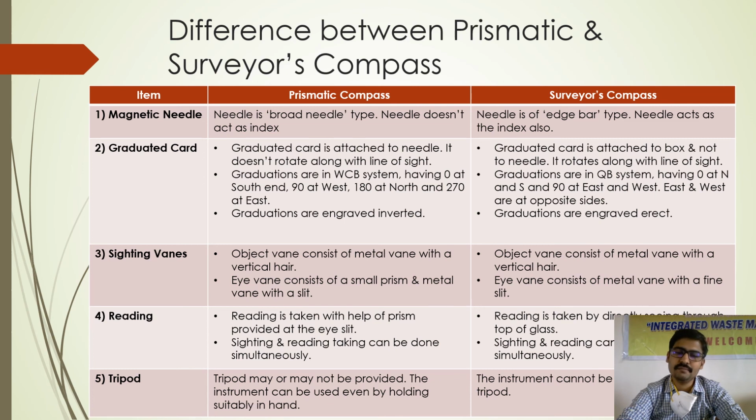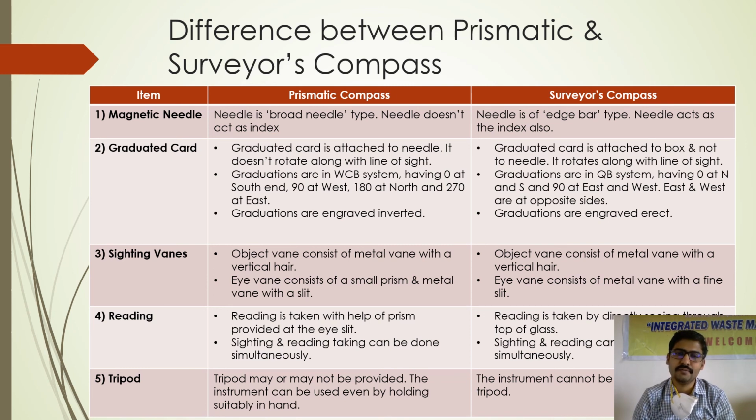Whereas in Surveyor's compass the eye vane is very similar to the object vane. Only thing is that the eye vane will have a very small slit open, so that a very straight object can be seen, so that the line of sight becomes very narrow.